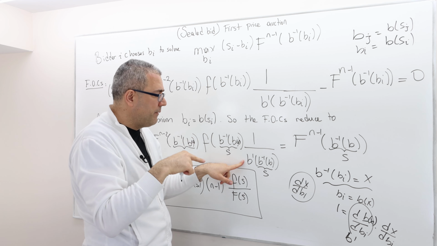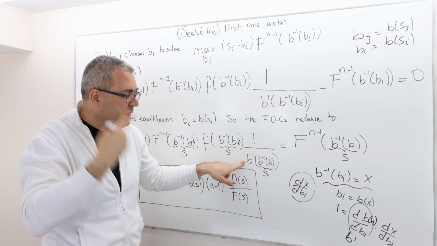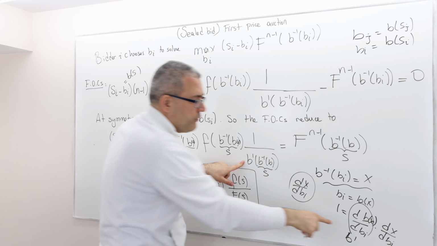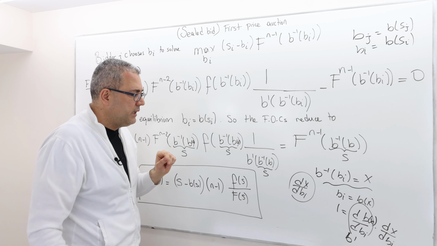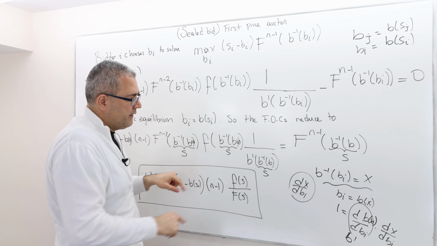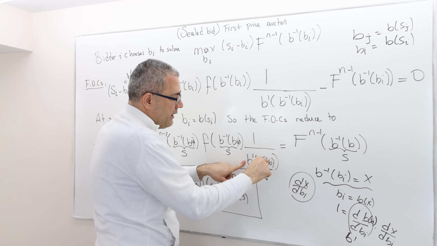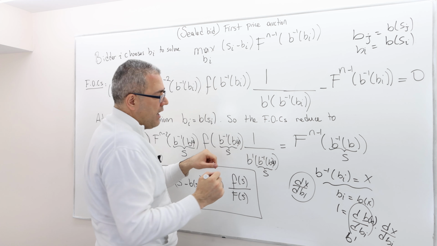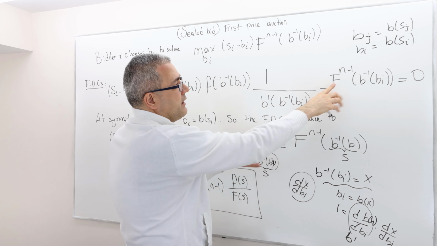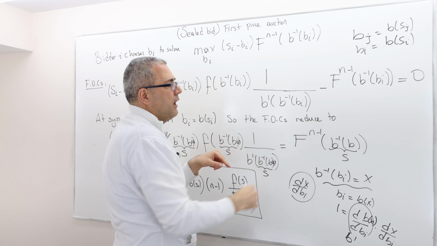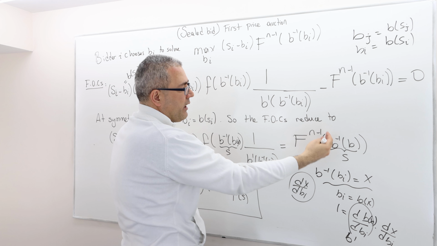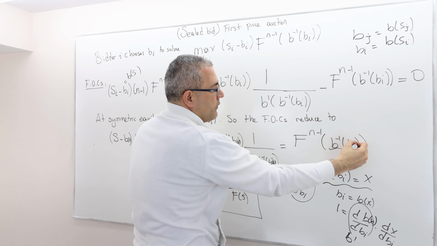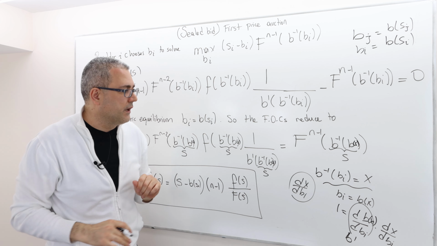Don't forget, b prime is the derivative of b with respect to b_i. And finally, I send this guy to the other side, so it becomes positive: F to the power n minus 1 of b inverse of b of s.